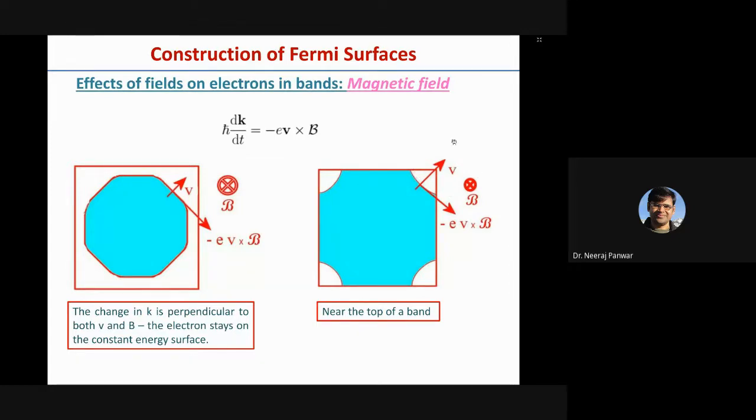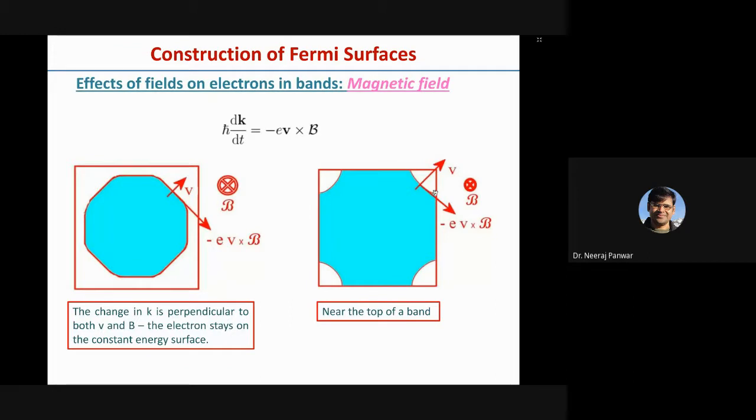If we make a periodic zone scheme, the electron will move on the surface, but the motion is anti-clockwise. So here the electron behaves as if it is having a positive charge, and it is near the top of a band. It is deep inside the band, but here the picture is at the top of a band.